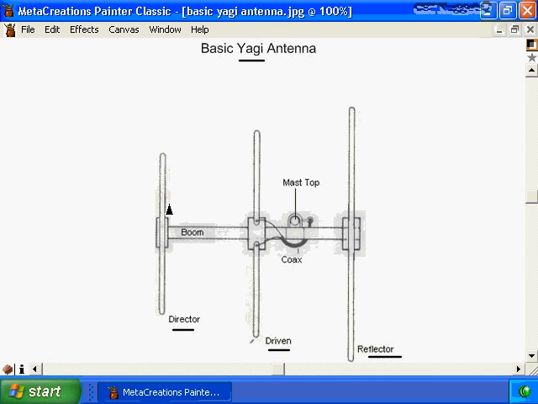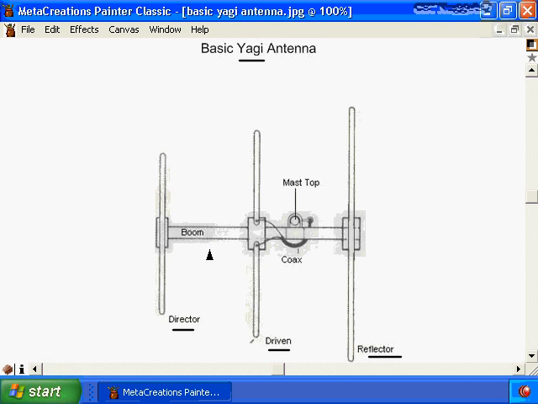And if you notice, the director is a little smaller than the driven element, which again is the dipole antenna, and the reflector, which is in the back here, is a little bigger than the driven element. So typically the reflector is about 5% larger than the driven element, and the director is about 5% smaller than the driven element.